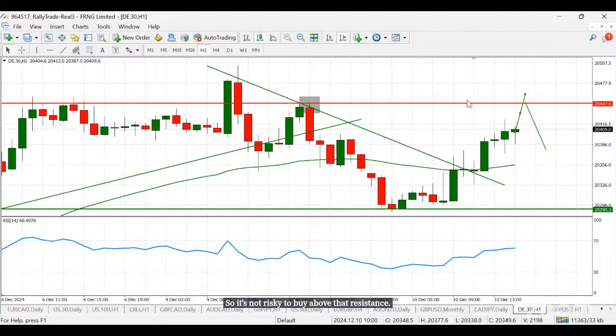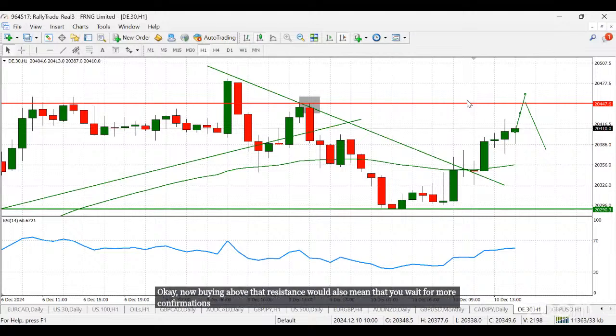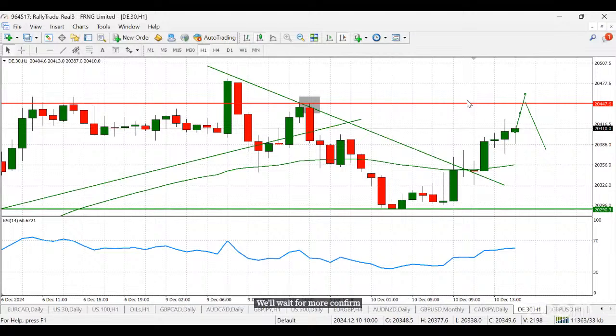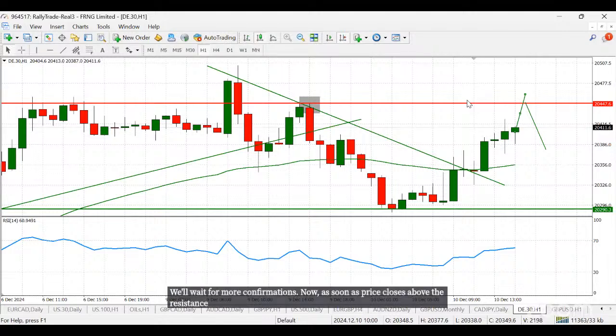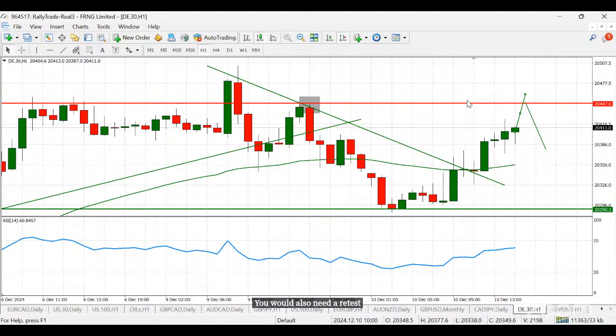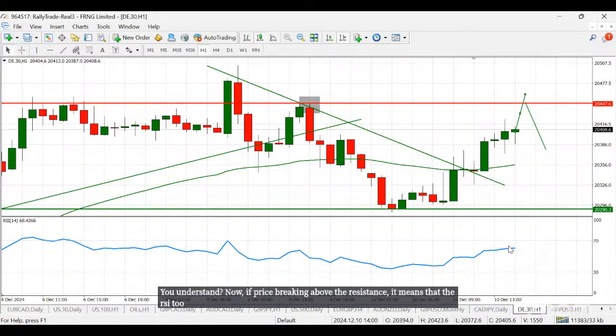Okay. Now, buying above that resistance would also mean that you wait for more confirmations. As soon as price closes above the resistance, you would also need a retest, because price needs to retest it as support. You understand? Now, if price breaks above the resistance, it means that the RSI too will be above 70.